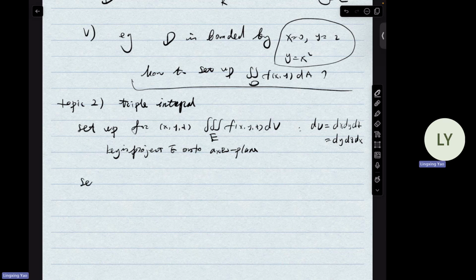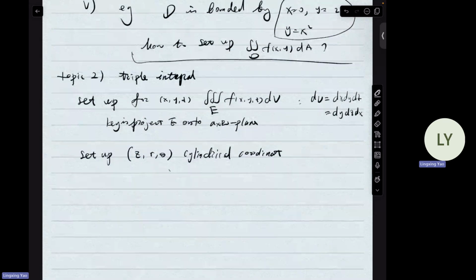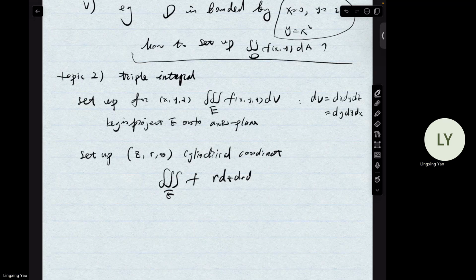Okay, we also need to set up the triple integral in the cylindrical coordinates. Remember, the key there is there's an extra factor r for the dv.